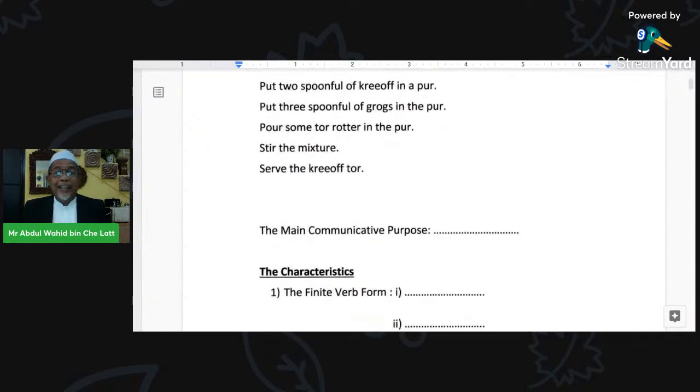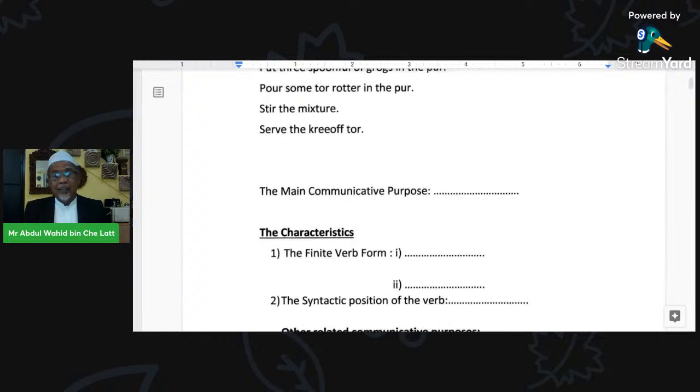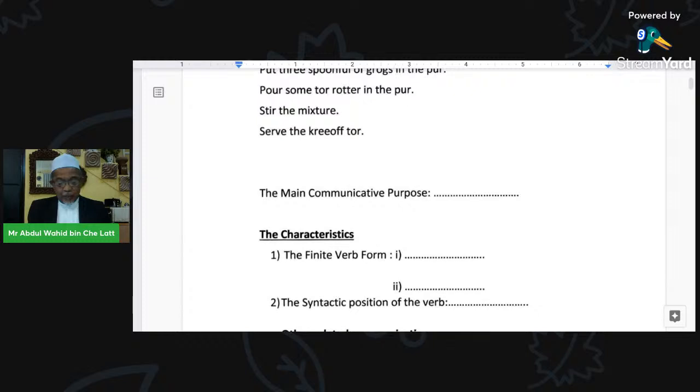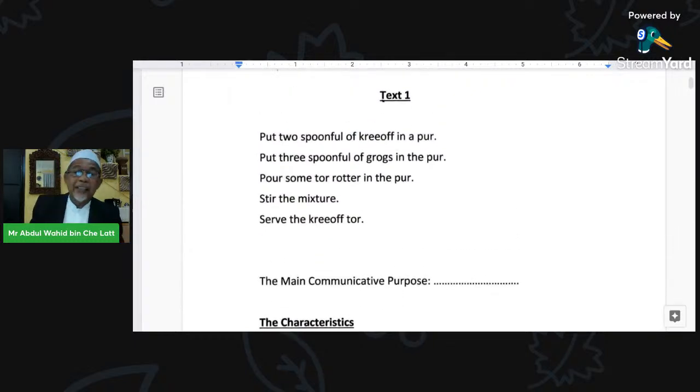Okay, you may use any strategy in your teaching or your testing instruments as long as these two criteria are included in any of these items. Okay? Right. Text 1 represents the first main communicative purpose, that is instruction.